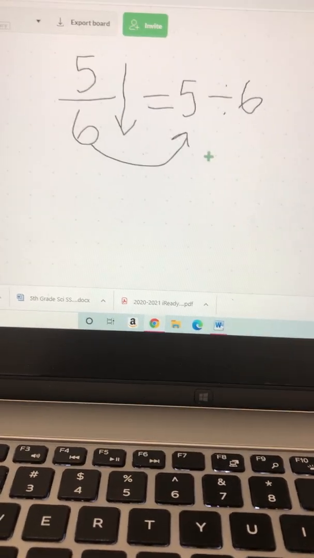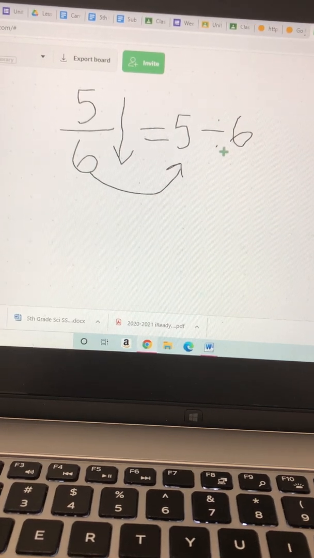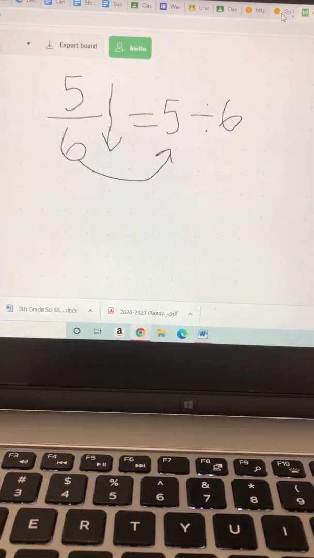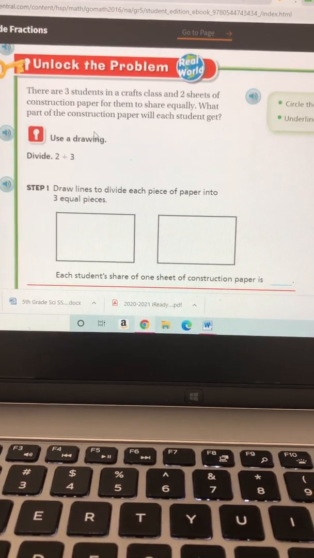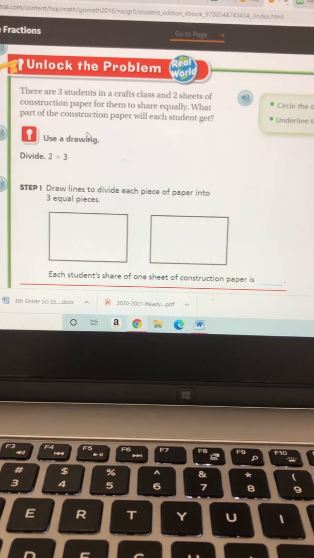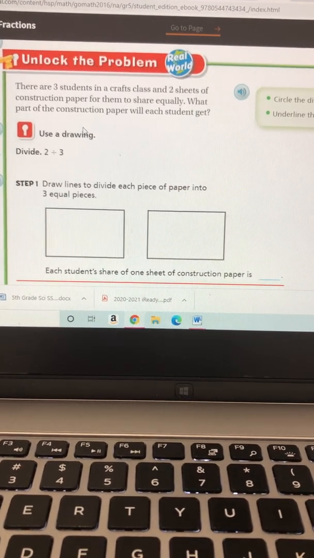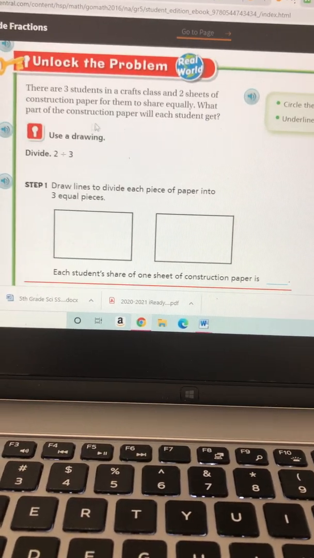When we see them in a word problem, let's practice it over here. It says there are 3 students in a crafts class and 2 sheets of construction paper for them to share equally. What part of the construction paper will each student get? Now remember what I've been telling you guys.